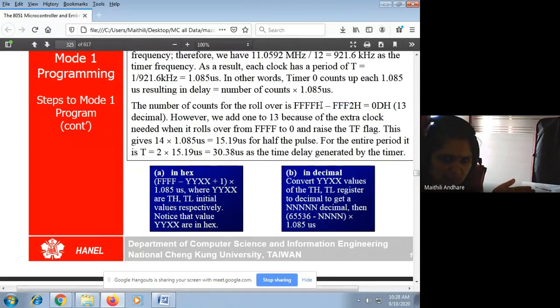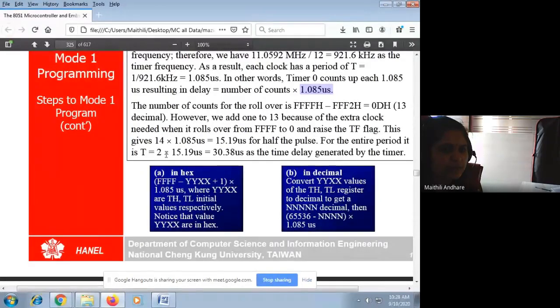So the maximum count FFFF minus the initial value loaded, as per the formula FFFF minus YYXX, where YYXX in our case is FFF2. Then it comes 0D. What is the D value? In hexadecimal D means 13 in decimal. You have to add 1 in that, that's why I have taken 14. So 14 into 1.085 microsecond is 15.19 microsecond for the half pulse.